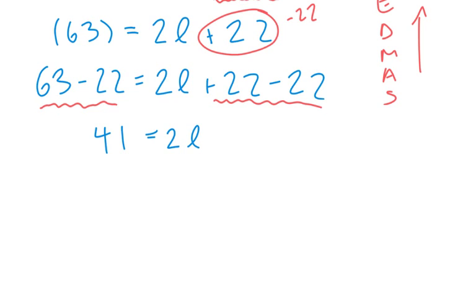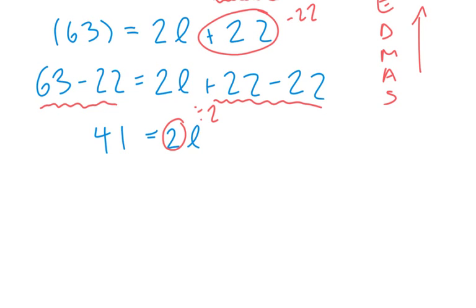We're almost done, except we have 2, which is stuck to the variable which we are looking for. If you recall, when you have a number in front of a variable, the operation is multiplication. So you have to ask yourself, what is the opposite of multiply by 2? The opposite of multiply by 2 is divide by 2. So I'm going to divide both sides by 2.